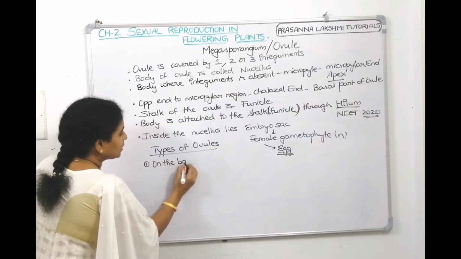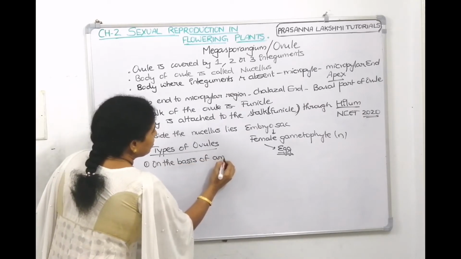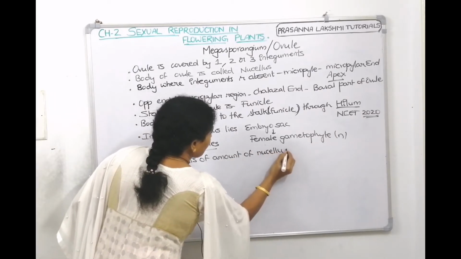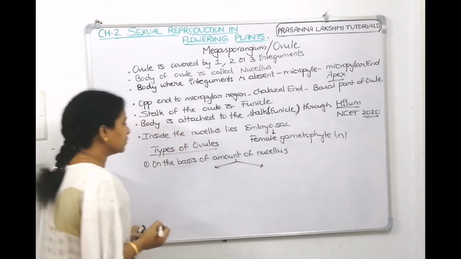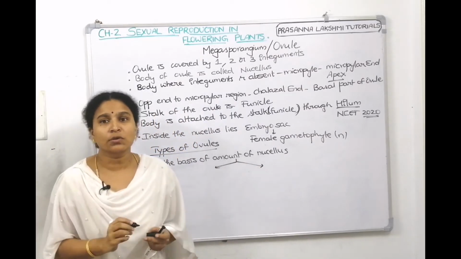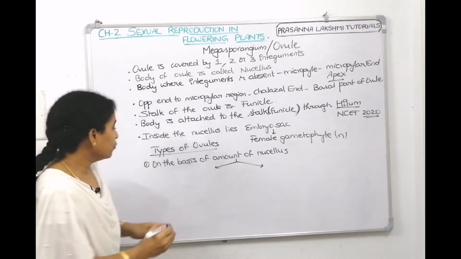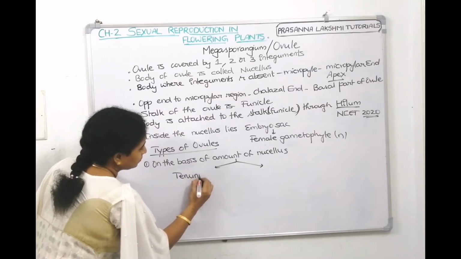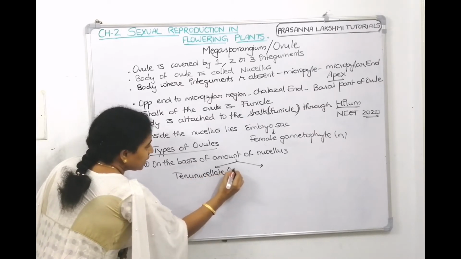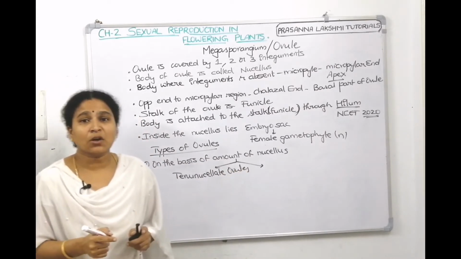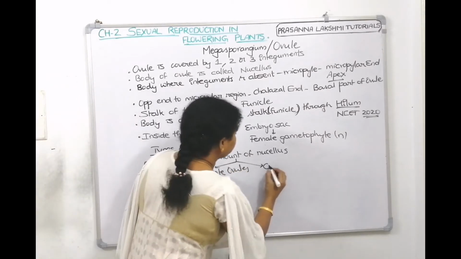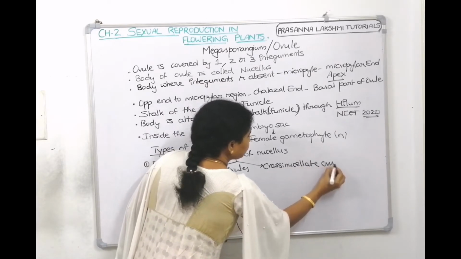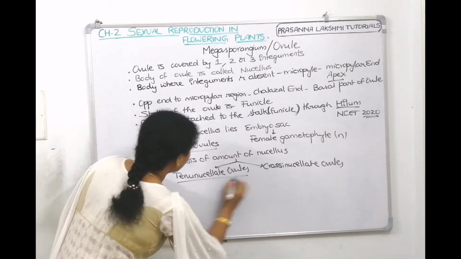On this basis, we can divide ovules into two types: tenuinucellate ovules, and the second one, crassinucellate ovules.